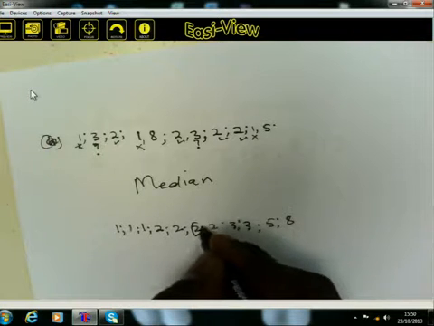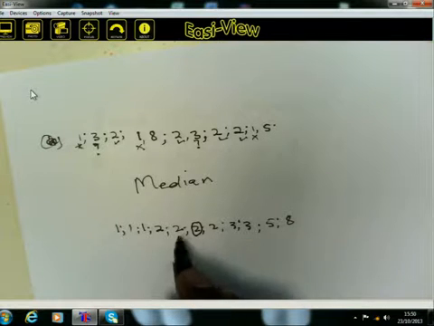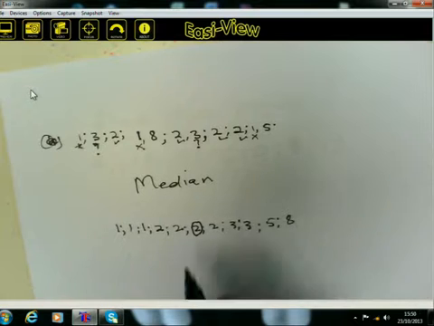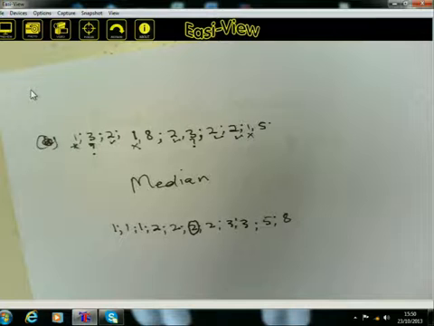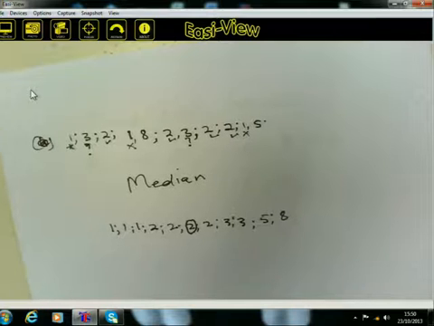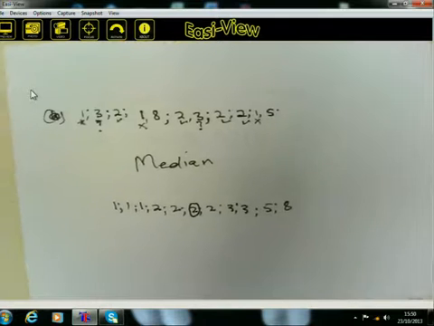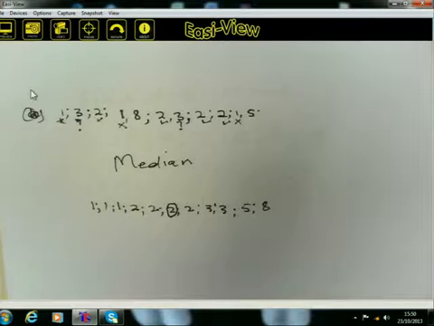That is 2. 1, 2, 3, 4, 5 this side, and 1, 2, 3, 4, 5 that side. That means for a median, your left hand side must have an equal number and the right hand side must have an equal number. Now you are left with the center one. That is why we call it the median. That's the center one.